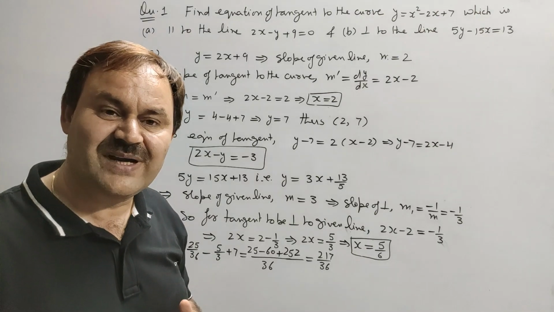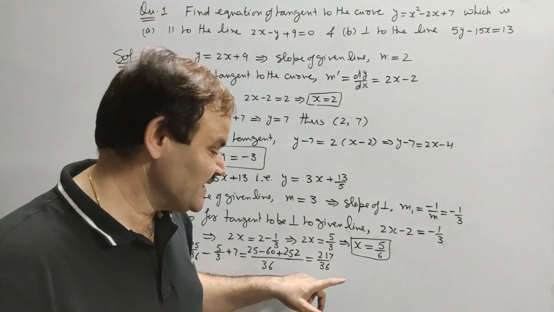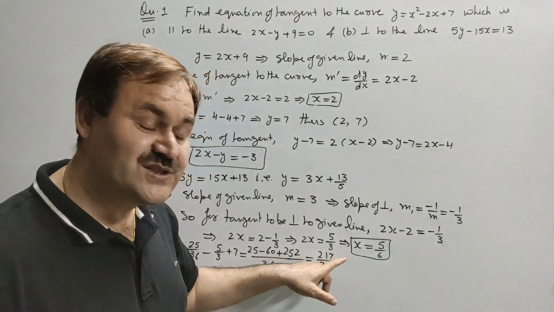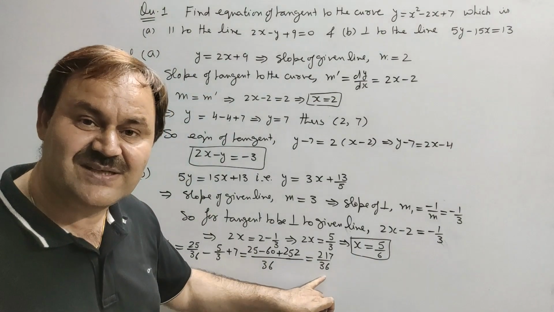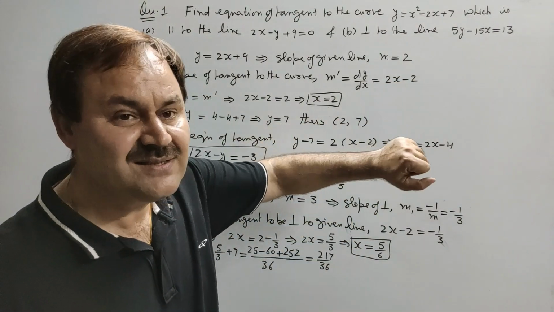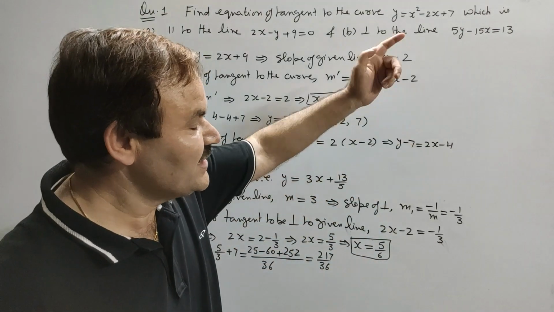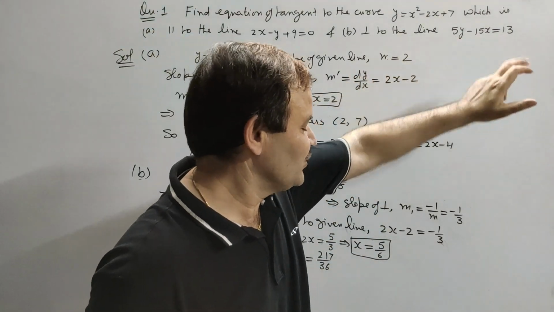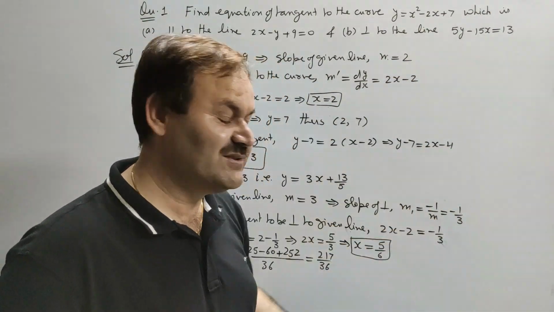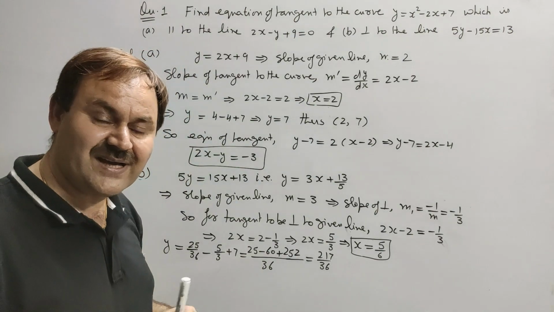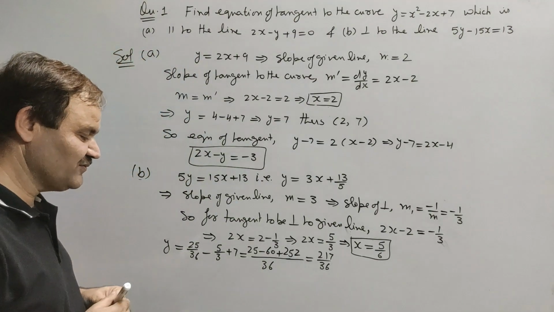Now if we want to find the equation of the tangent, then the tangent will be passing through this point for which x is 5 by 6 and y is 217 by 36, while the slope of the tangent will be equal to the slope of the normal to this line, and the slope of the normal to this line is minus 1 by 3. So we will again use point slope form to find the equation of the tangent.